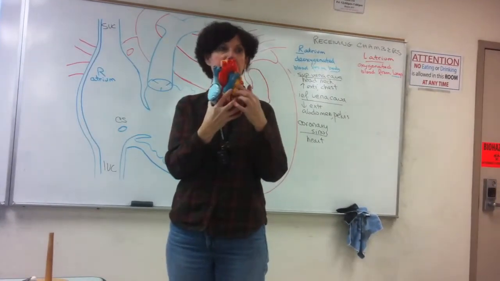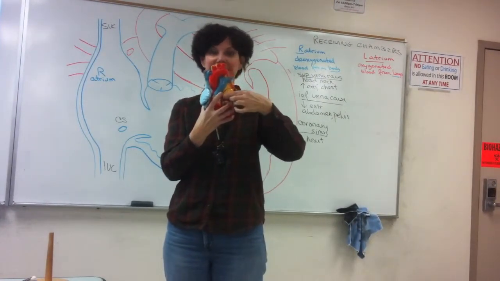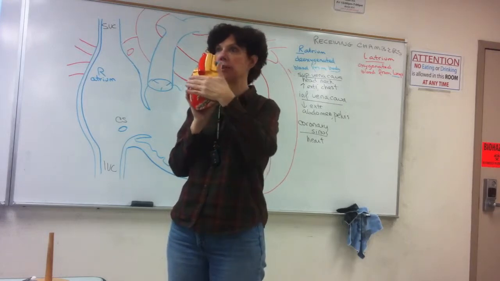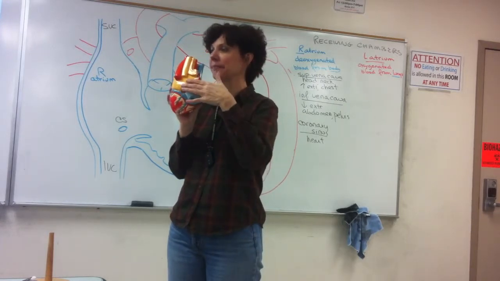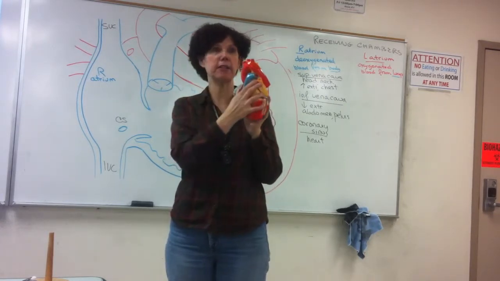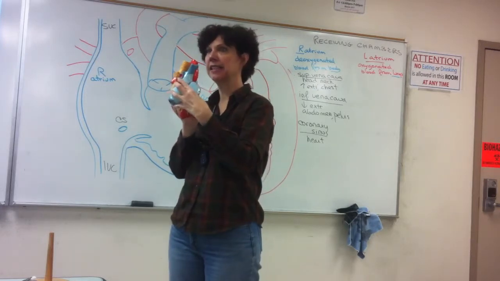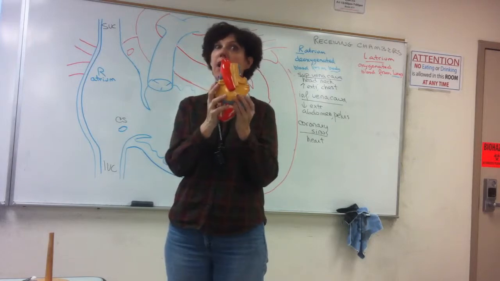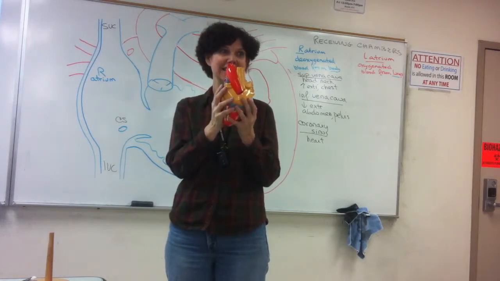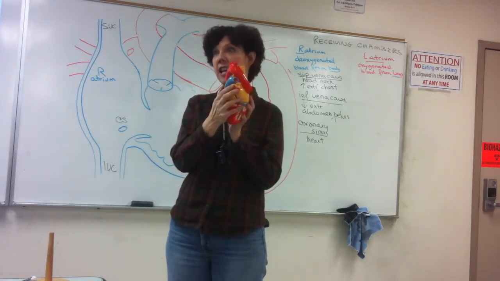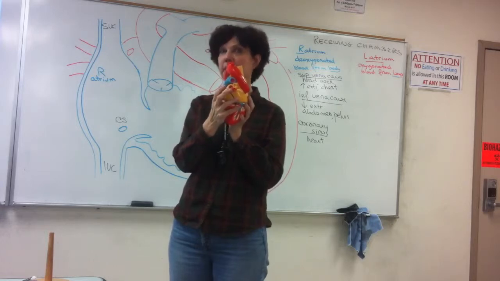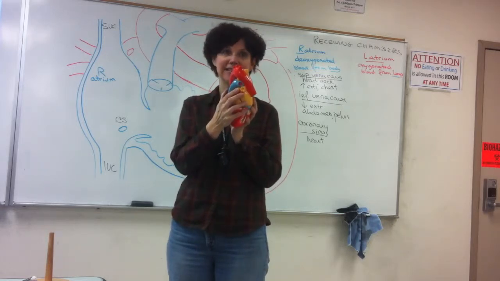So from the front, we're seeing just a little bit of this auricle, but the posterior surface is the left atrium. And you'll notice there are 2 vessels from the left lung, 2 vessels from the right lung. They're carrying blood to the heart, so they are veins. They're carrying oxygenated blood. So these are pulmonary veins.